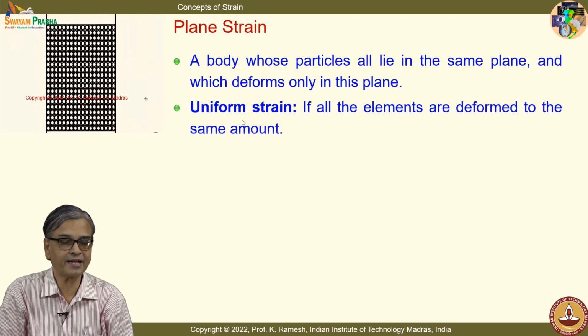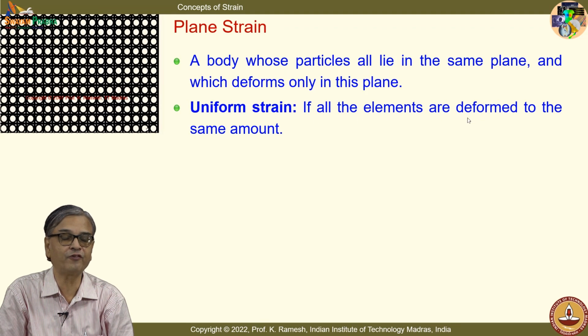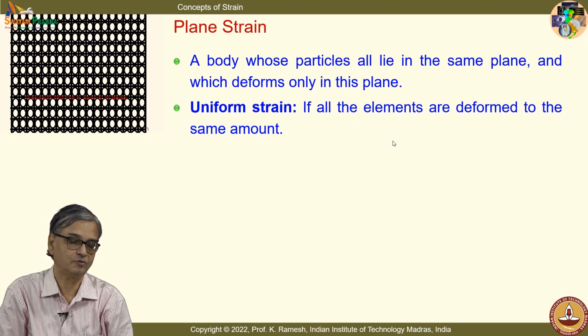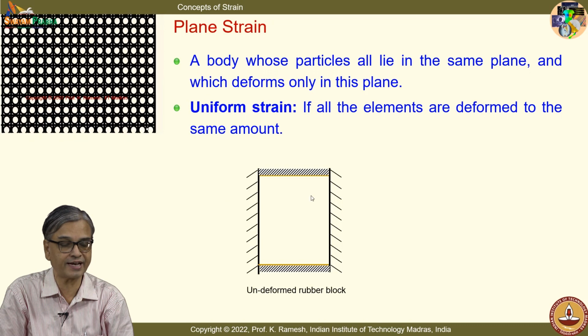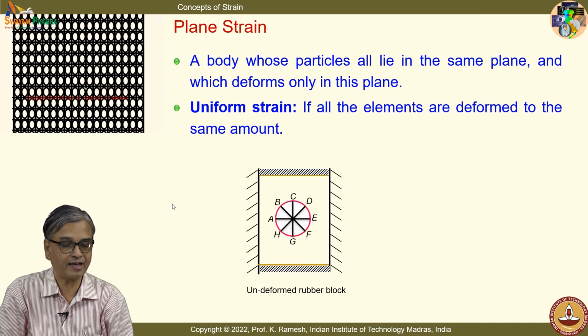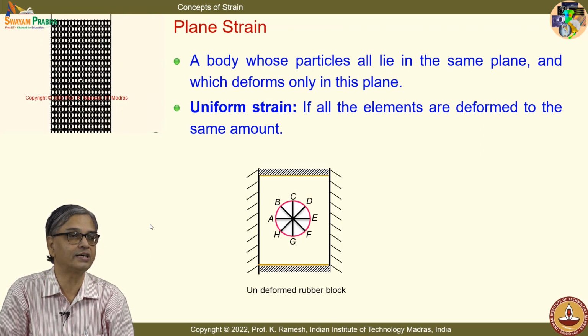Now let me take up a simple case of uniform strain, that is, if all the elements are deformed to the same amount. So I take a simple example, and here I have a constraint on either side. I have a rubber block, because that is what you and I can apply load to and then see.